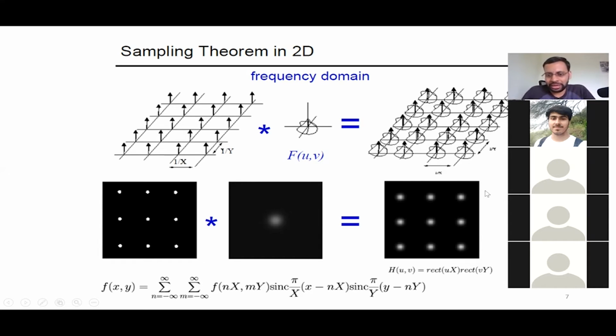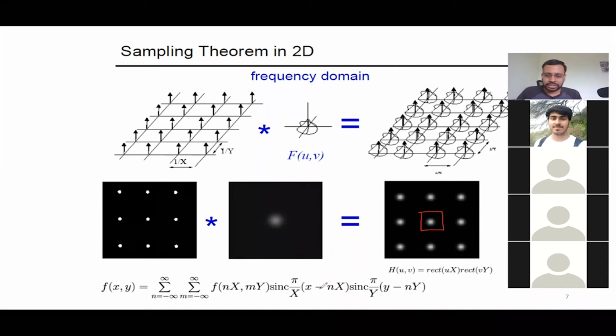Then on top of it, you multiply with rect of kx times x and rect of ky times y, so that gives you two rect function multiplications. That is how you take a copy of it here, and then you construct it back.